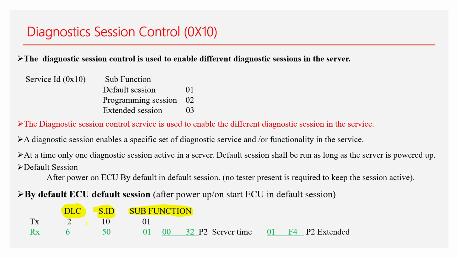For example, your car has different types of ECUs, right? In these ECUs we have to choose a particular ECU and communicate with your system. That request is nothing but a physical request.